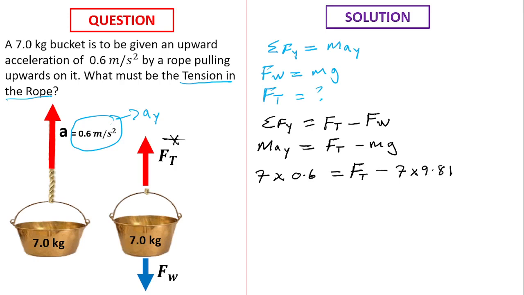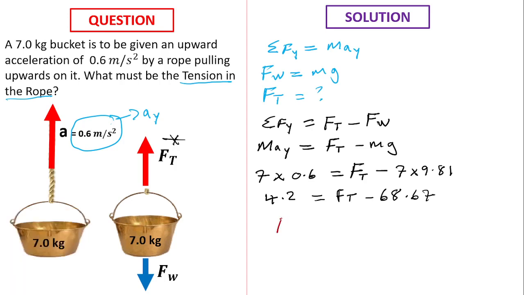When you write that down, you can easily make your calculations. 7 times 0.6 is 4.2, and then you have Ft. 7 times 9.81 will give you 68.67.